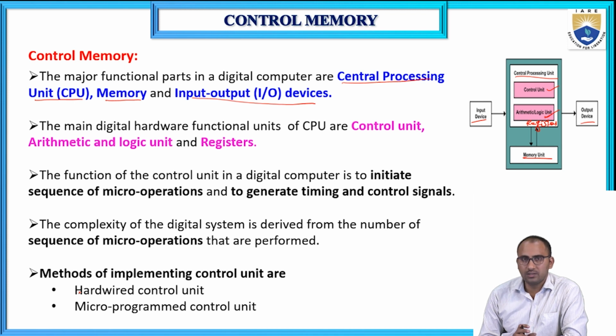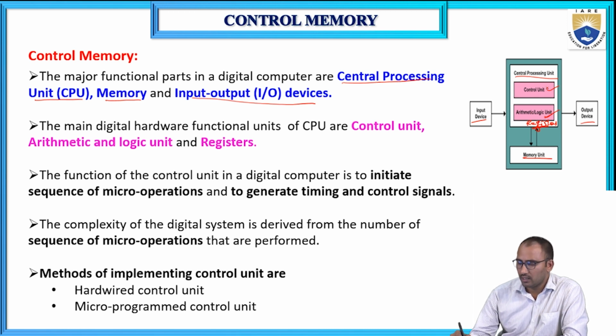Finally, this ALU performs various arithmetic and logical operations. In order to perform these arithmetic and logic operations, it requires some registers, so the CPU has registers too. Registers are nothing but a group of flip-flops, using which we can store some information. These are the different parts of the CPU.